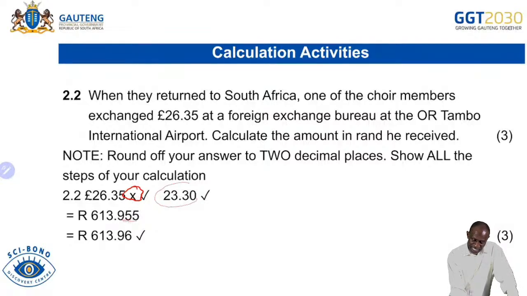The third digit here is a 5, so we round up to the nearest 10, which would be a 6, and we move this one over, and it gives us 613.96 rand. That's how we do it.